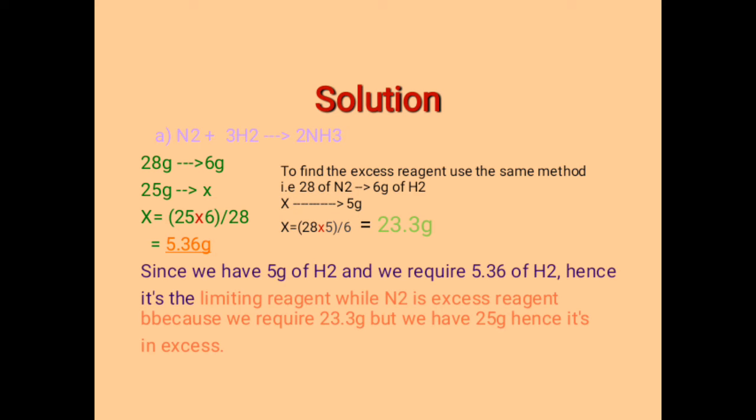This is the chemical reaction equation, which shows how nitrogen and hydrogen react to form ammonia. 1 mole of nitrogen is needed to react with 3 moles of hydrogen to form 2 moles of ammonia, and this type of reaction is usually favored by an increase in pressure.